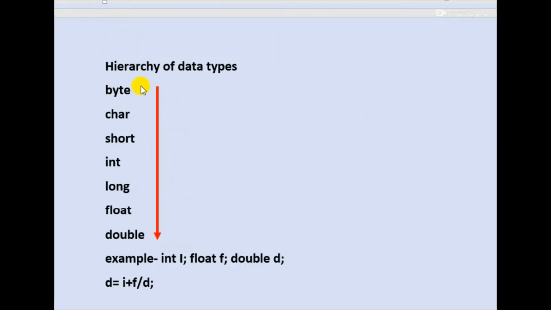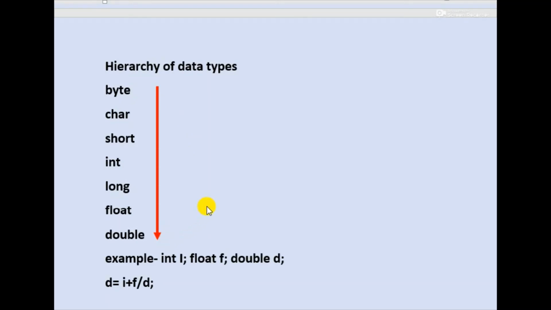This is the hierarchy of data types, and here we can see the list of all primitive data types, which are byte, char, short, int, long, float, and double. These data types are arranged from low to high.